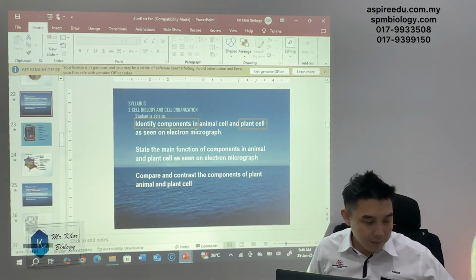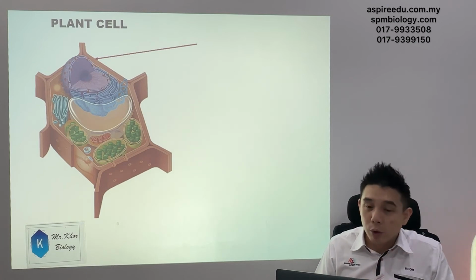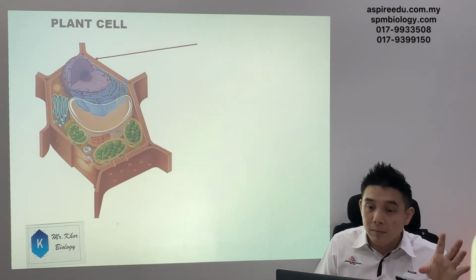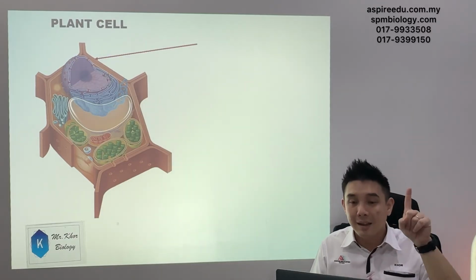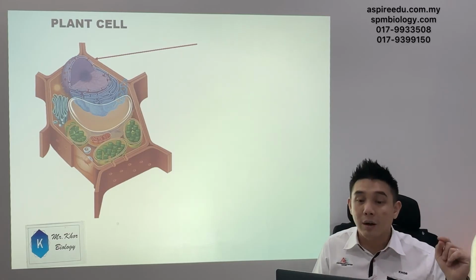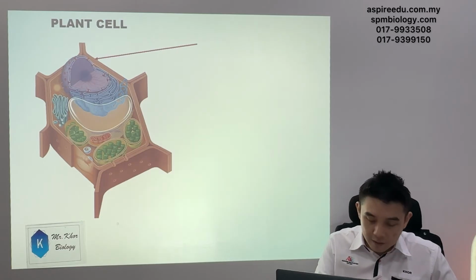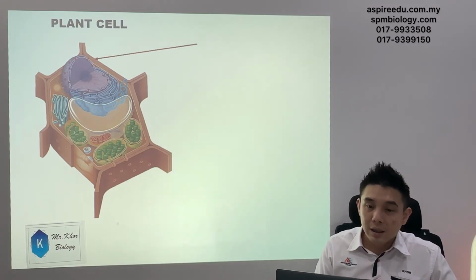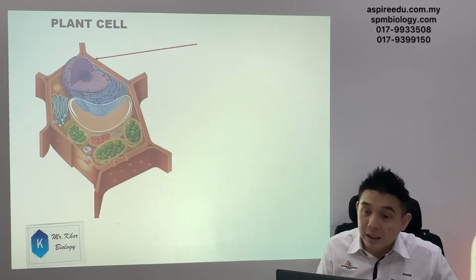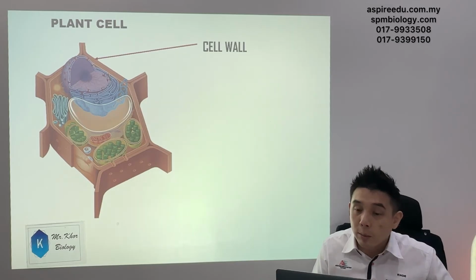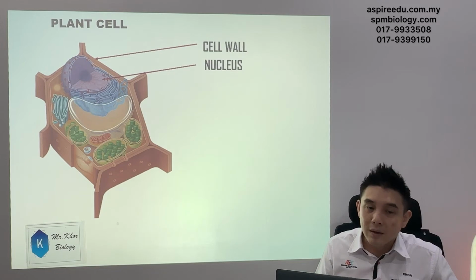We just go through one round, because all the organelles are the same, except plant cells don't have one thing, which we call centrals. Okay, guys, look, what's this? Just now, outermost layer for animal cell is plasma membrane. Outermost layer here is cell wall. Next, nucleus, very simple.